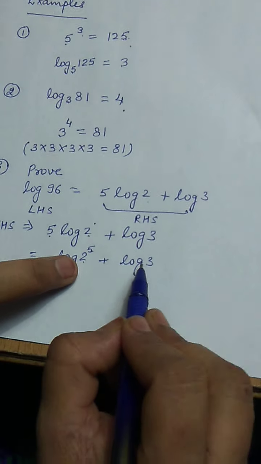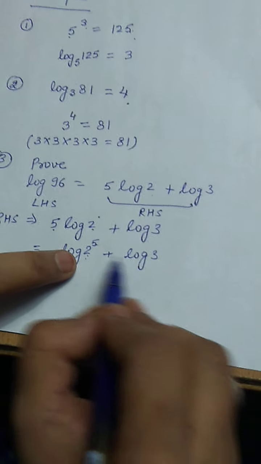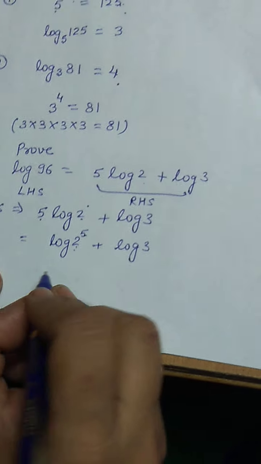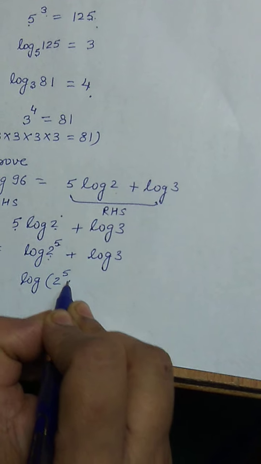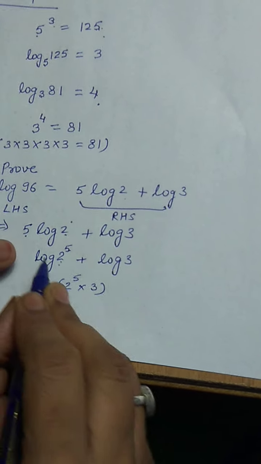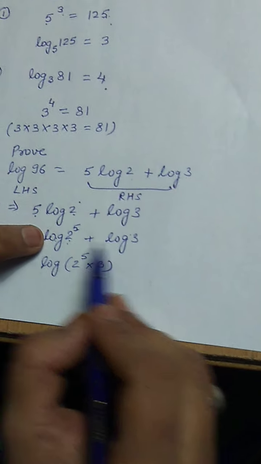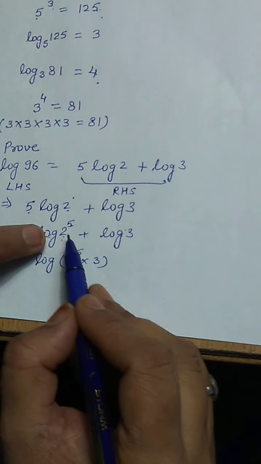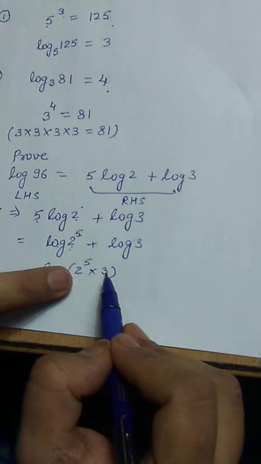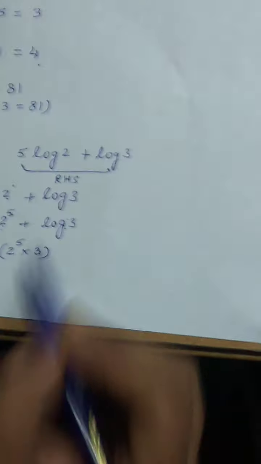Now two logs are getting added, so actually the quantities are in multiplication. If two logs are getting added, in the solution they are multiplied inside.